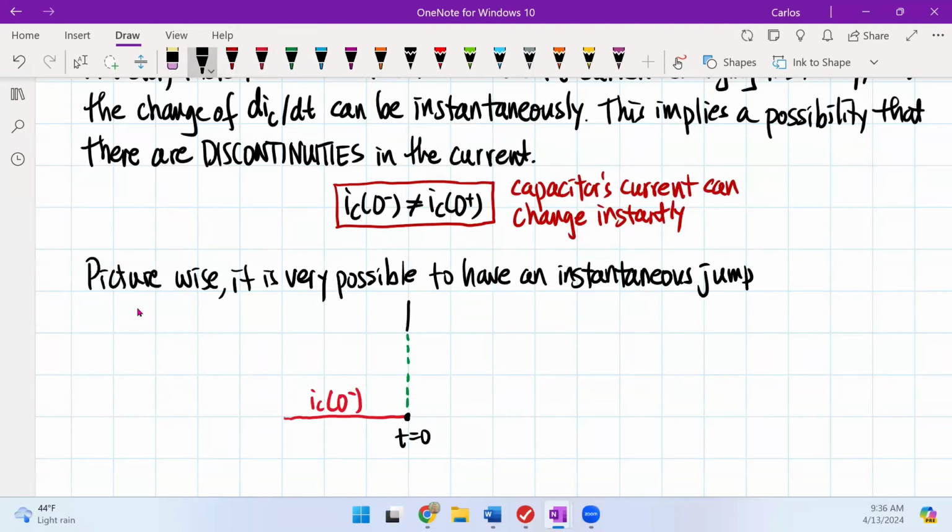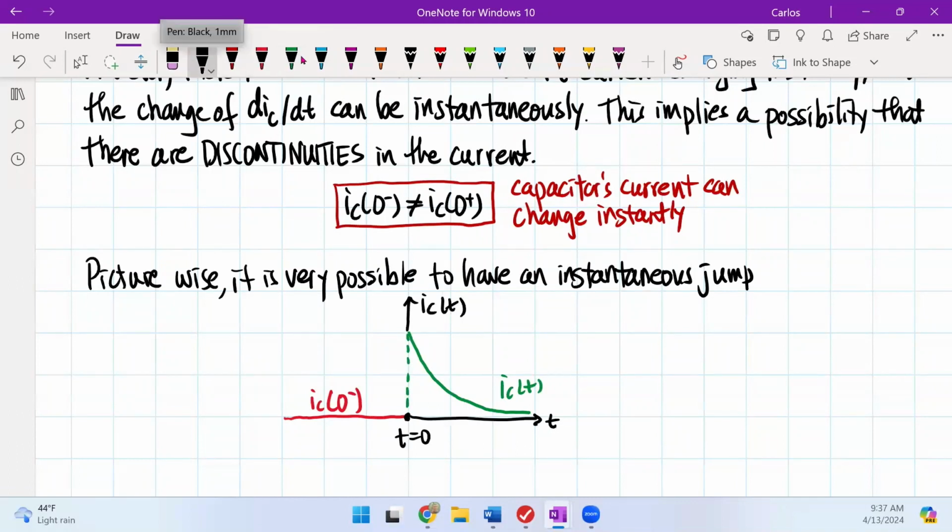Let's say that this is Ic of t, and then the current of the capacitor will have this discontinuity, and then typically it will go back to 0 as it reaches its steady state.